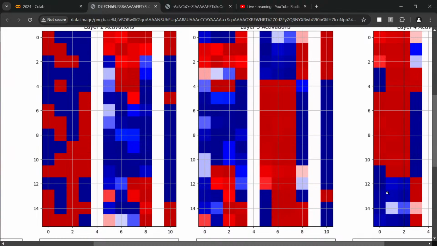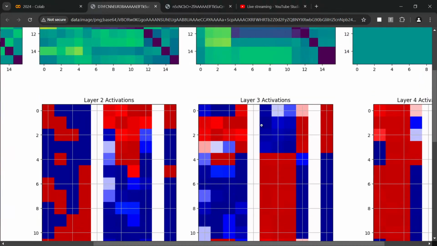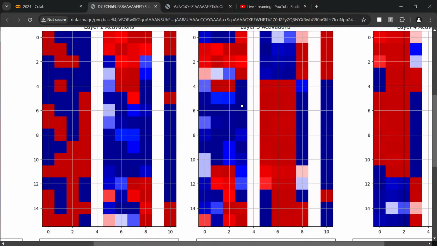But anyway, we're now going to try to look at layer 3. These are the inputs to layer 3.